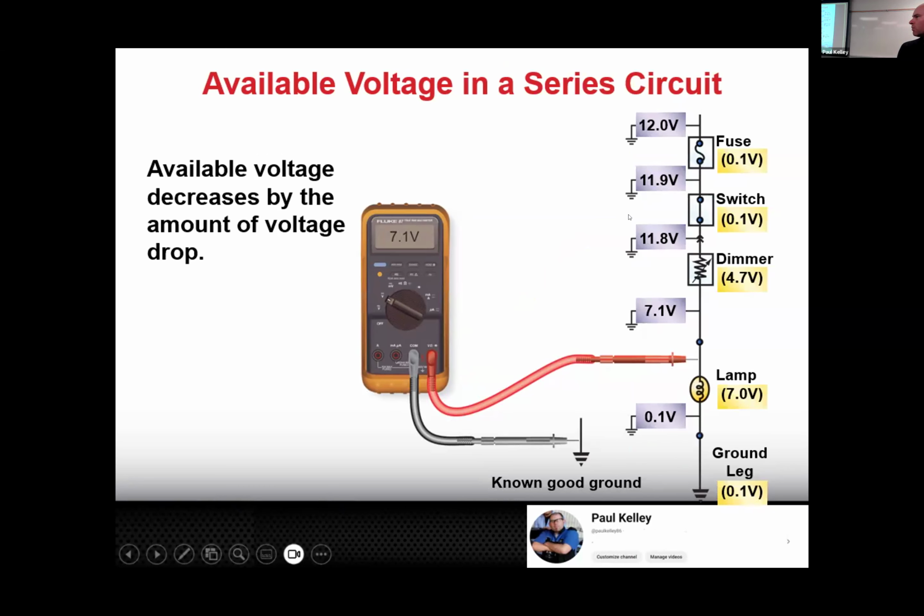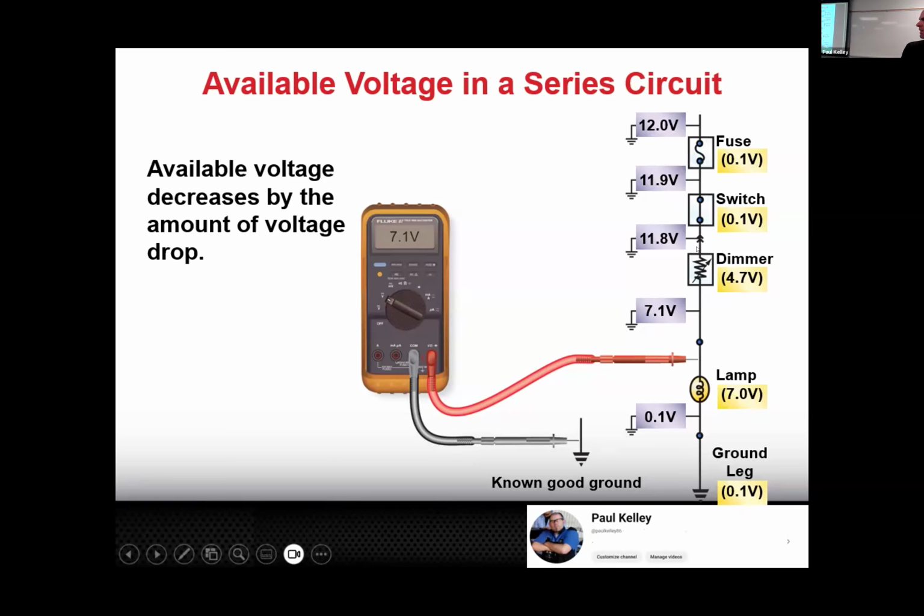So if I had 11.9 and then went to 11.8, I dropped another 0.1. Then if I went across the dimmer and I had 7.1 after, I went from 11.8 to 7.1, that tells me I'm losing a bunch of voltage before the load, before the bulb. Whereas if before the bulb I have 7.1, and after the bulb I have 0.1, it tells me the problem's not down here.